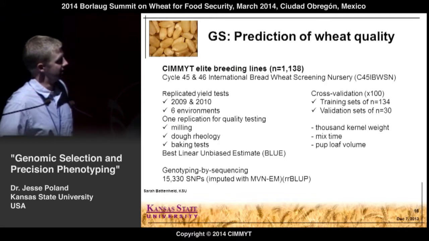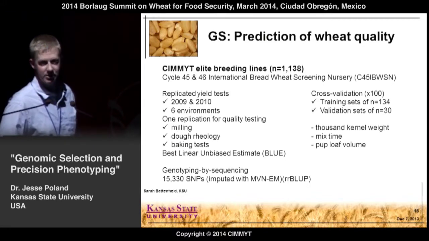And so this was done on the International Bread Wheat Screening Nurseries, and there's quality data for milling and baking, and we used genotyping-by-sequencing markers on these. And so this is sort of a cross-validation just to get an estimate of the prediction accuracy in these studies.